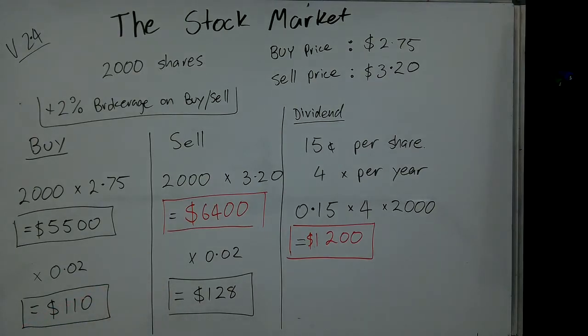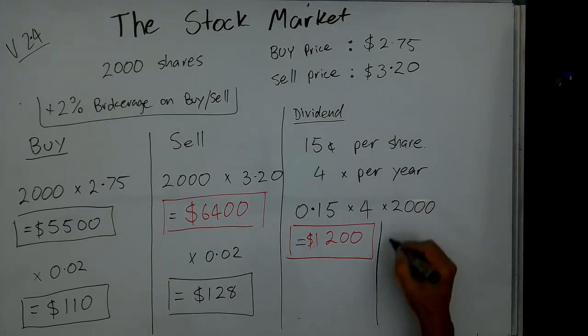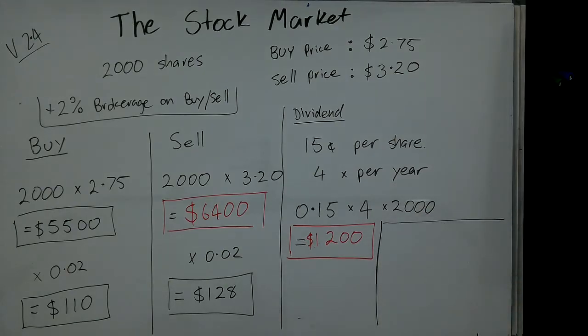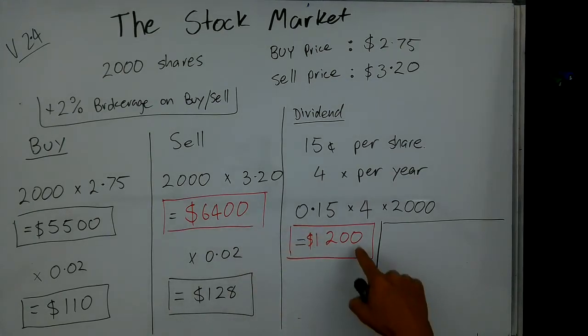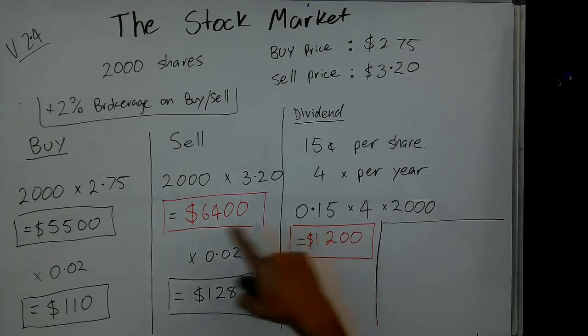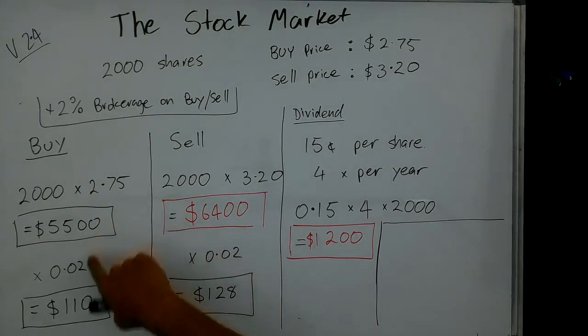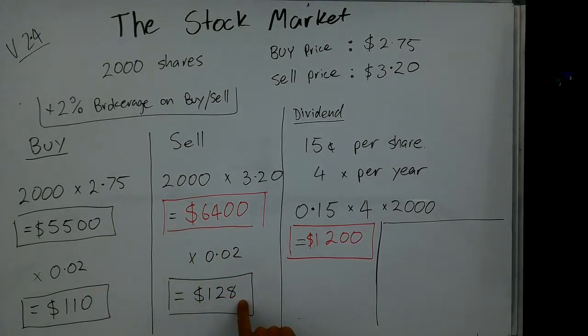Okay, so in this little space here, we want to see if Tracy makes a profit. So first we need to work out the money that's come in. So we're going to add these two together, and then we're going to take away this cost and this cost and this cost.